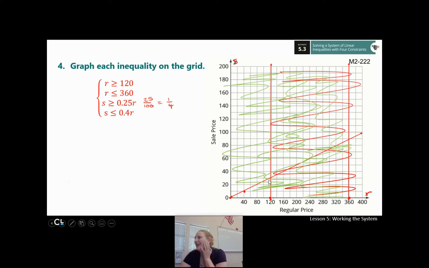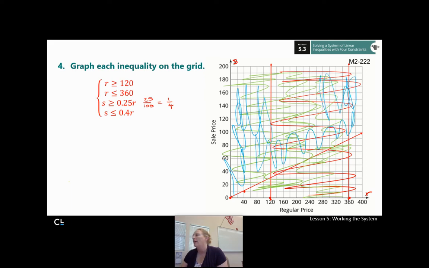It does say that S should be greater than that, so that means we've got to shade everything above. So let me grab another color, and I'm going to shade everything above that line. Again, not my best shading job. Woo, that's shady. All right.